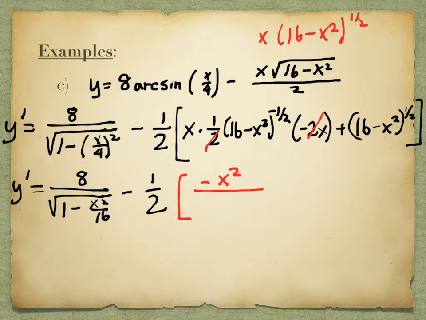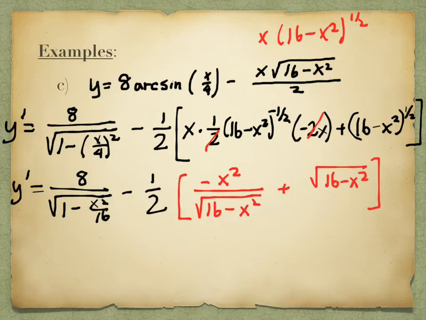And the 1/2 can be a square root again, so that I can hopefully see if maybe something will combine later. So now I've got 16 minus x squared underneath the square root of the denominator. And then the other piece is a 16 minus x squared underneath the radical, but just standalone or as a numerator.